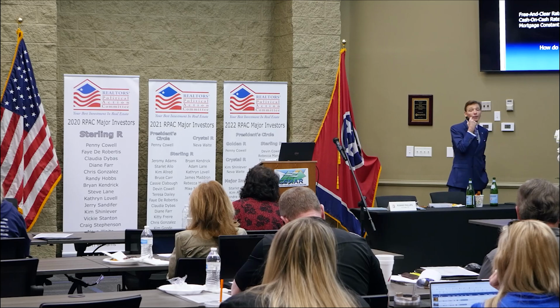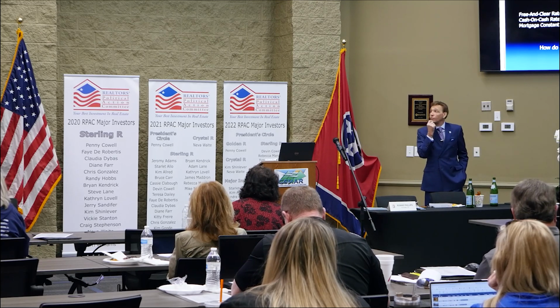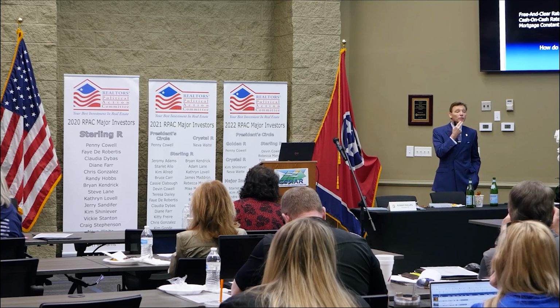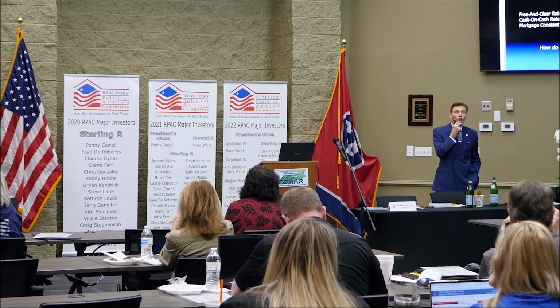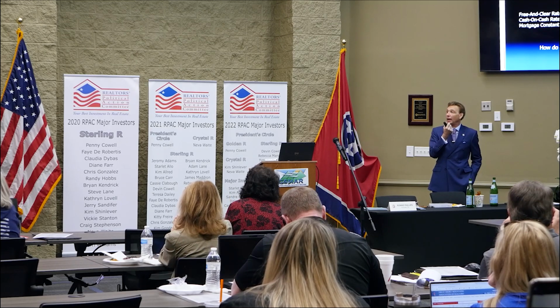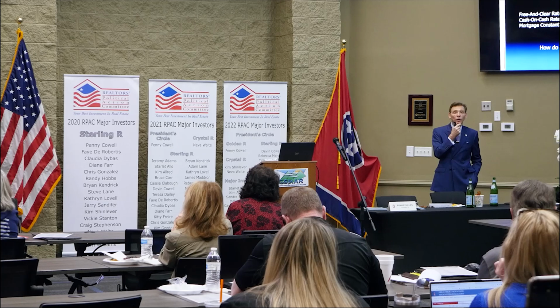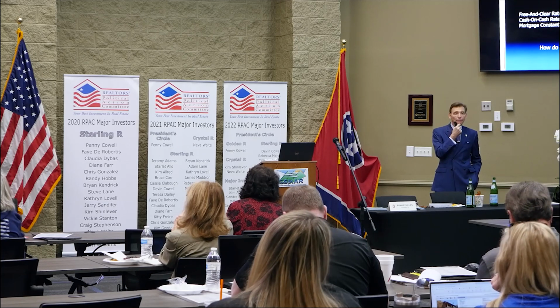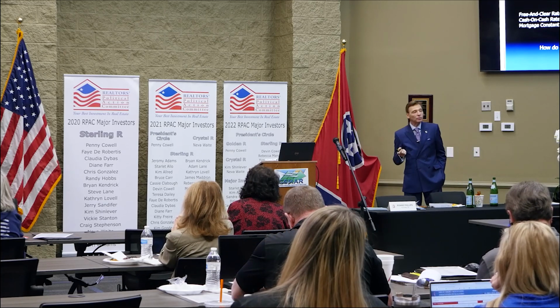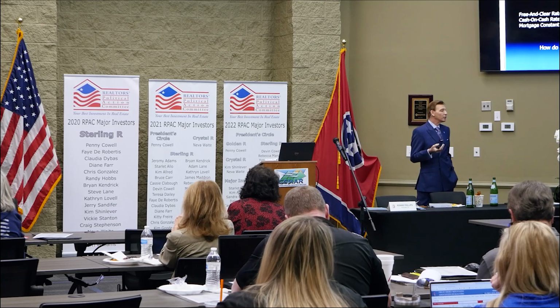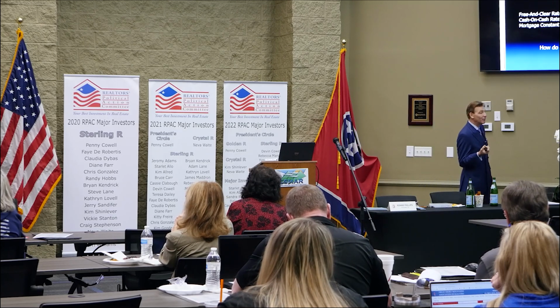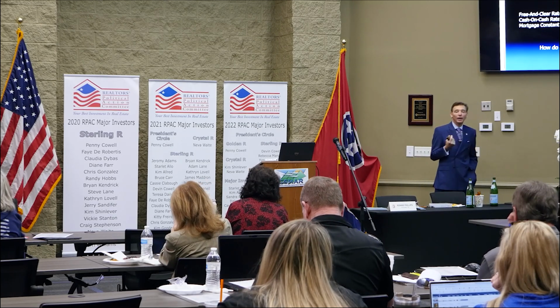Let's review one more time. Free and clear, 10%. Cash on cash, 12.81%. And the mortgage constant was 9.01%. What does that really tell us? Does that tell us anything other than that's what everybody has to demand?